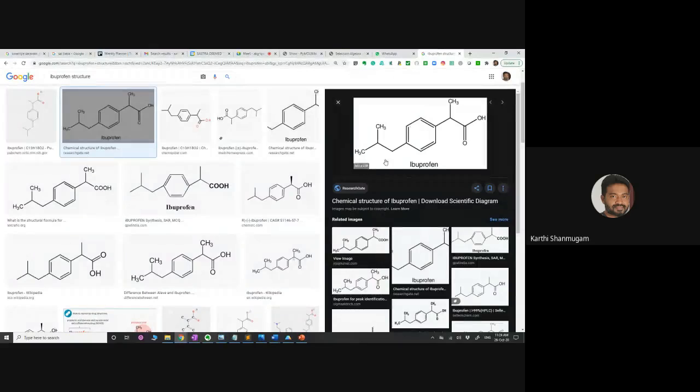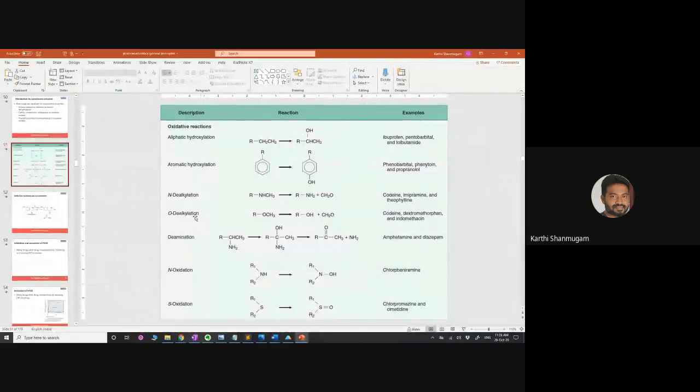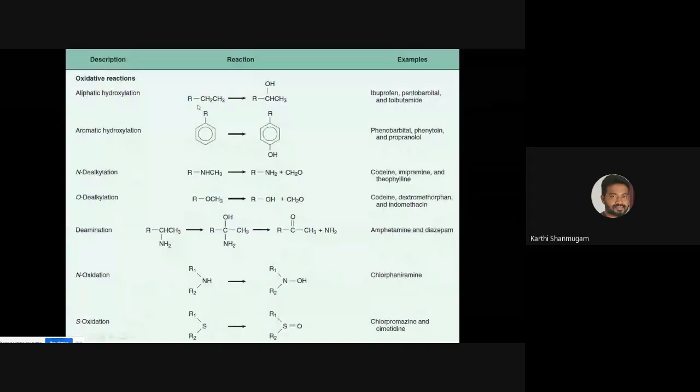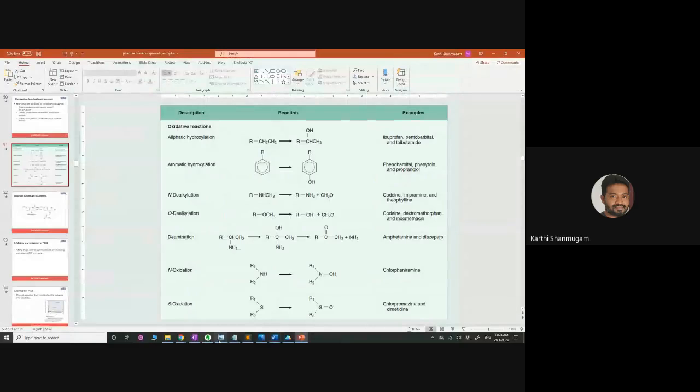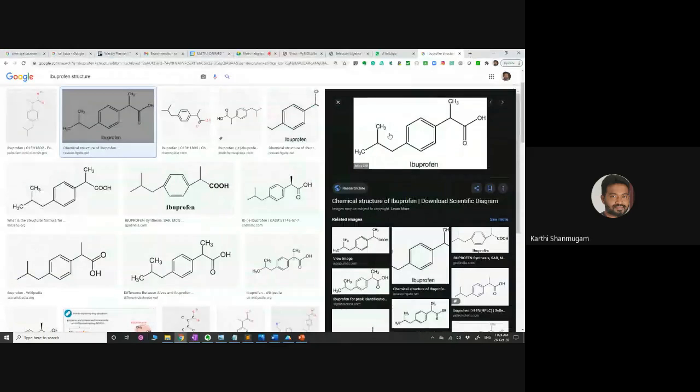So what is the site for aliphatic hydroxylation? Here we have the example for aliphatic hydroxylation, RCH2CH3, where there is an addition of OH. So if we take ibuprofen as an example, where will this reaction take place?